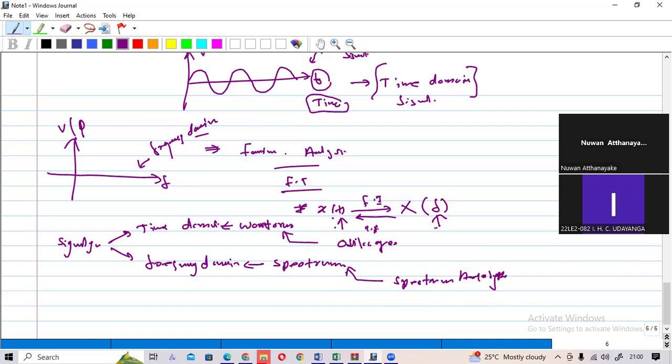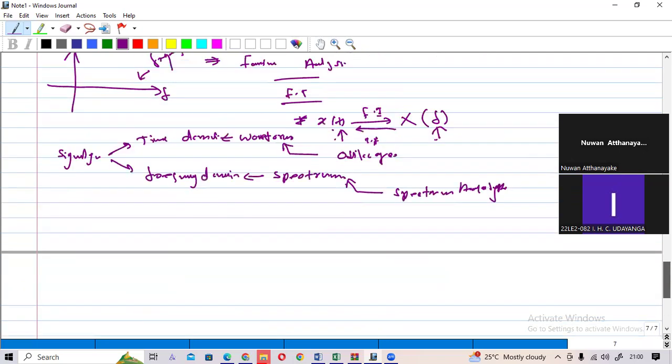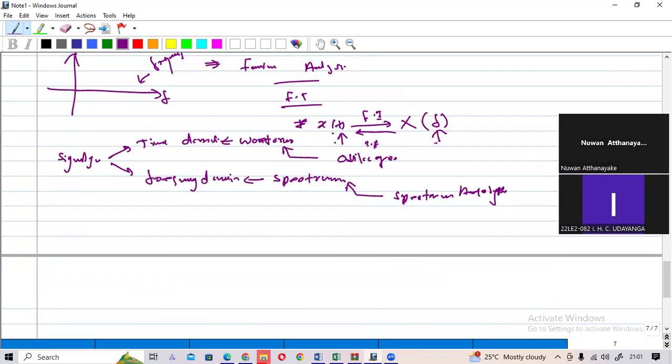What I want to tell you is that a signal has two forms: time domain and frequency domain. Time domain we normally refer to as waveform.